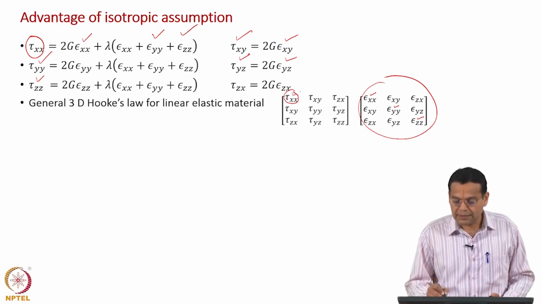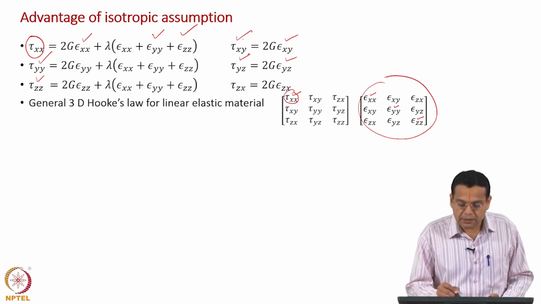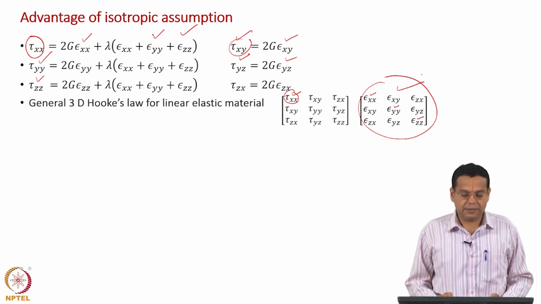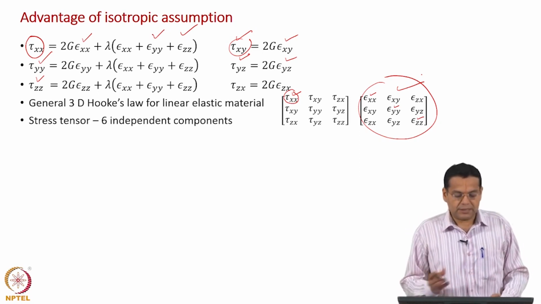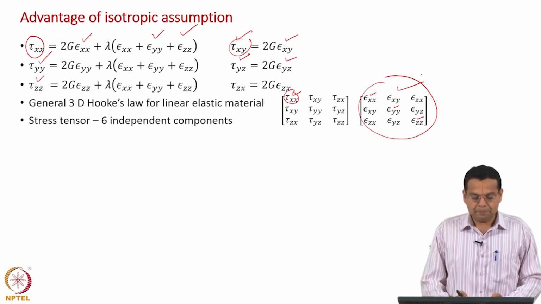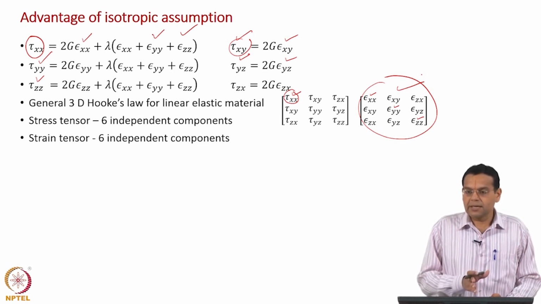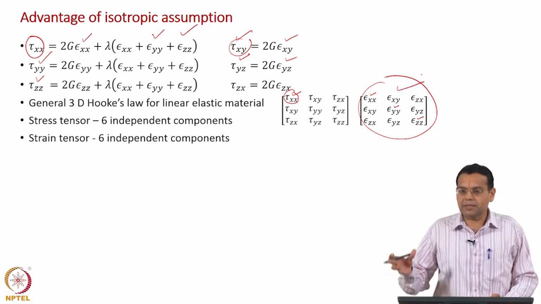So, tau xx can depend on all these 6 components. Similarly, tau xy can also depend on all these 6 components. The stress tensor has 6 independent components, and the strain tensor has 6 independent components. So, every independent component in the stress tensor can depend on all the 6 independent components in the strain tensor.